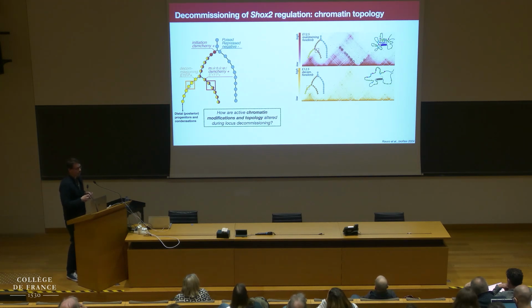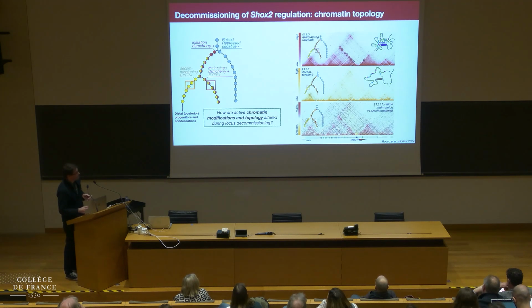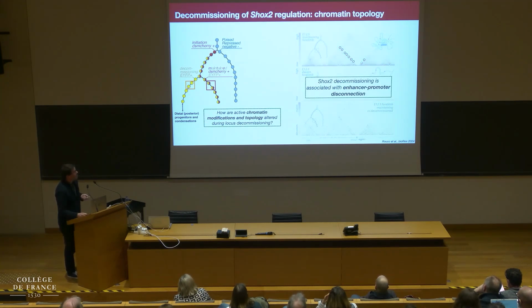In fact, it looks almost identical to inactive cells, not to ES cells, but to inactive cells. And when we do the subtraction, you can see here along the line the loss of contact. So one of the things could be that something happens at the level of the entire domain to inhibit and preclude this enhancer from activating SHOX2. So SHOX2 decommissioning is here associated with enhancer-promoter disconnection.